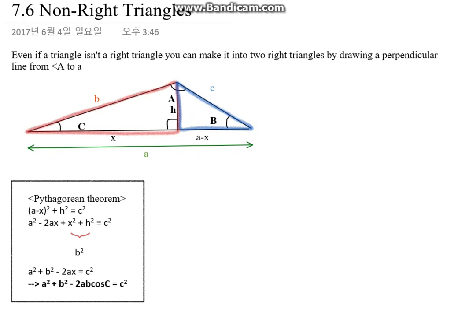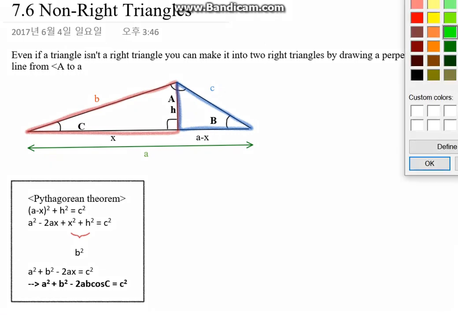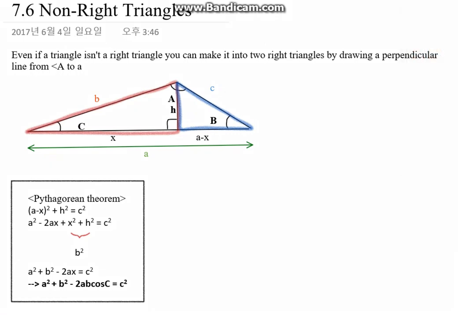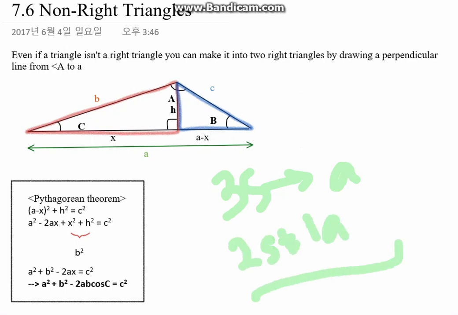Actually, I was right: it's when we know three sides, then we find an angle, or when we know two sides and one angle. This is when we use the law of cosines, like this.